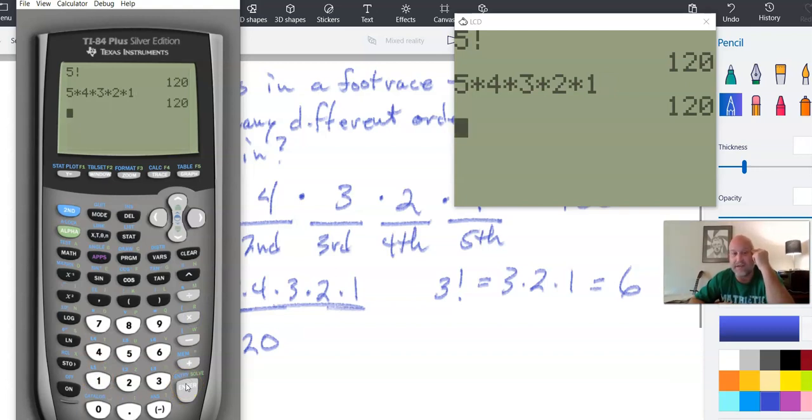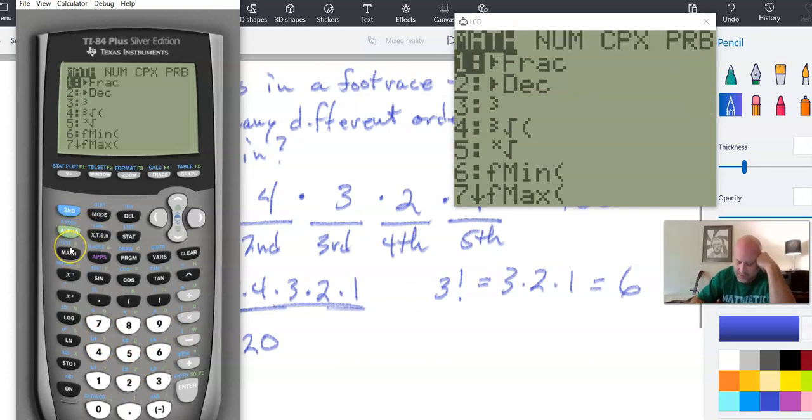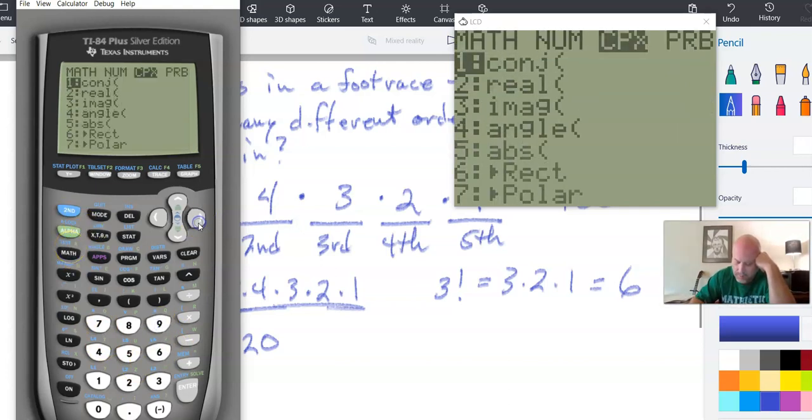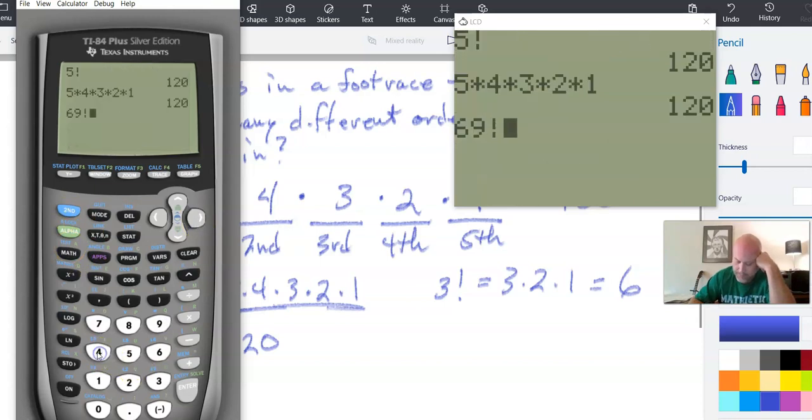Now, factorials are kind of interesting because they get really big really fast. I was doing some experiments with this, and the highest number that your calculator will handle, and some of yours may not even handle this, is 69 factorial. The calculator will give it to you.